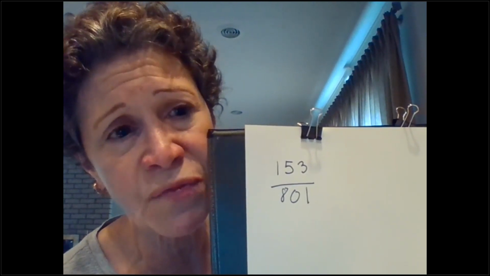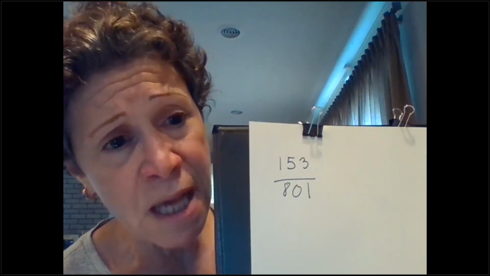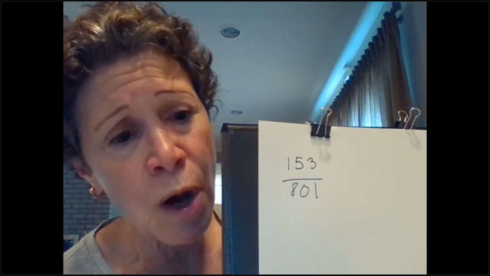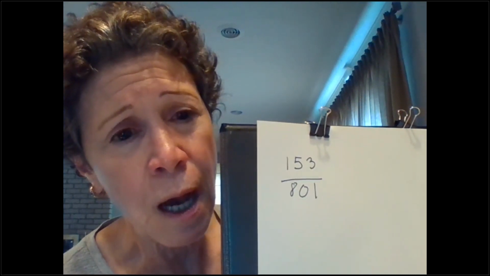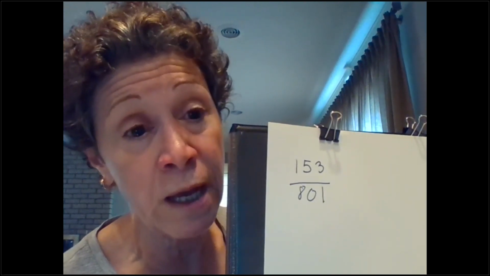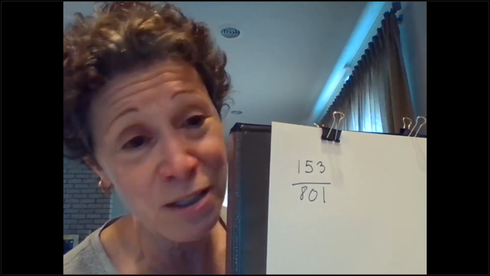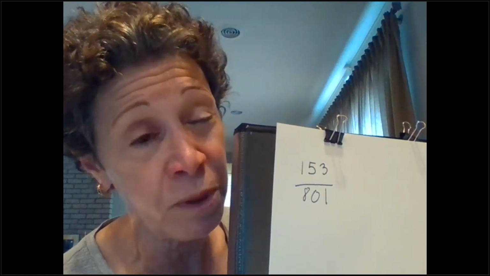I want to reduce the fraction. The greatest common factor is going to be difficult to find with these numbers. I can know that 1 times 153 are factors, but I'm not sure beyond that. But I can try to bring this down a little bit farther.